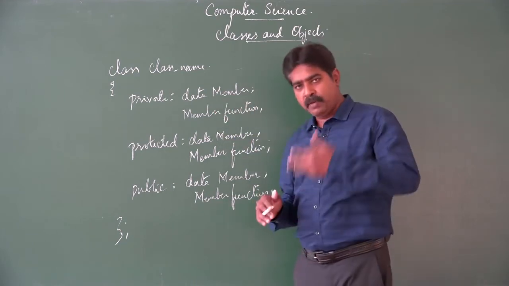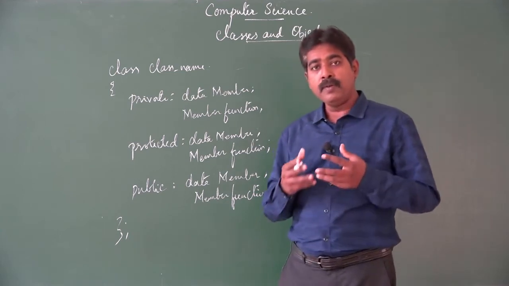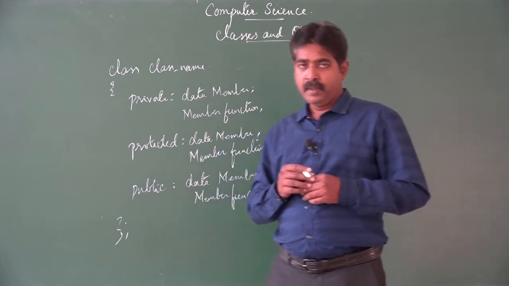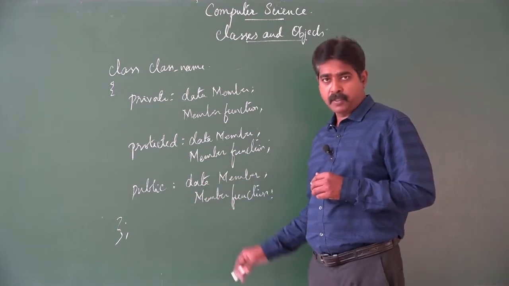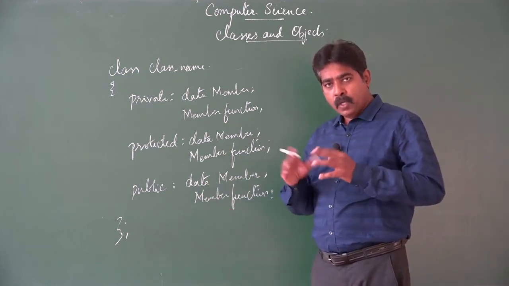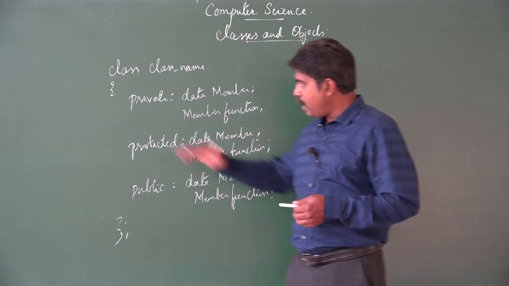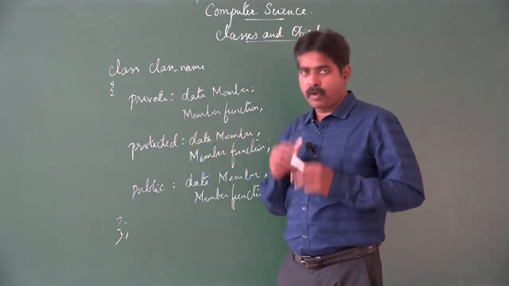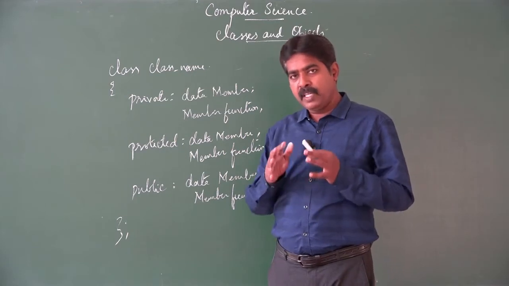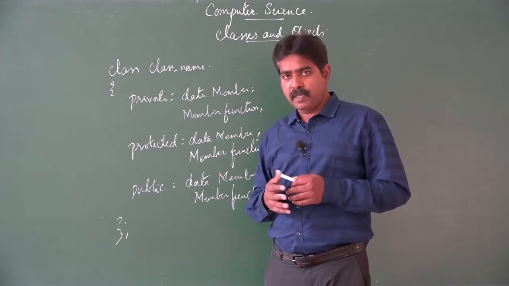In the previous class we had written a few normal variables as data members, and under public we wrote the member function. So both were written inside the class, that is what we call inside class definition. Today we will be discussing outside class definition.